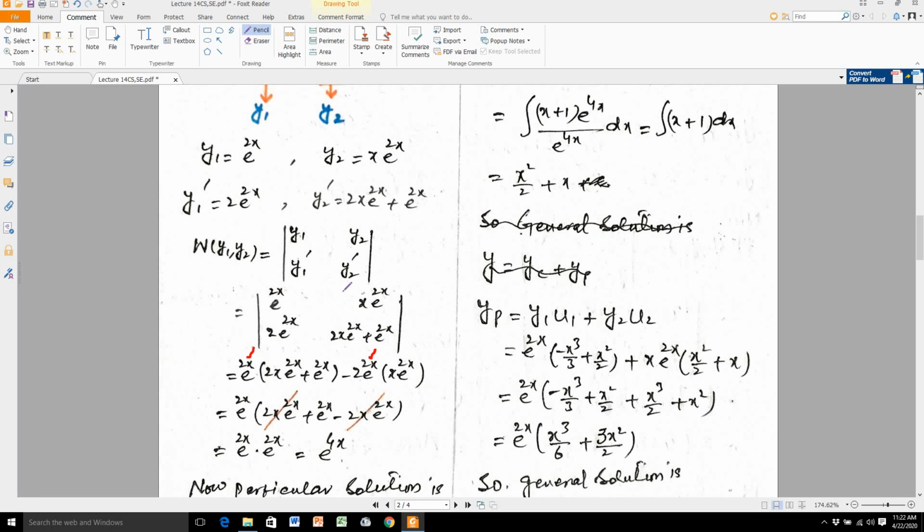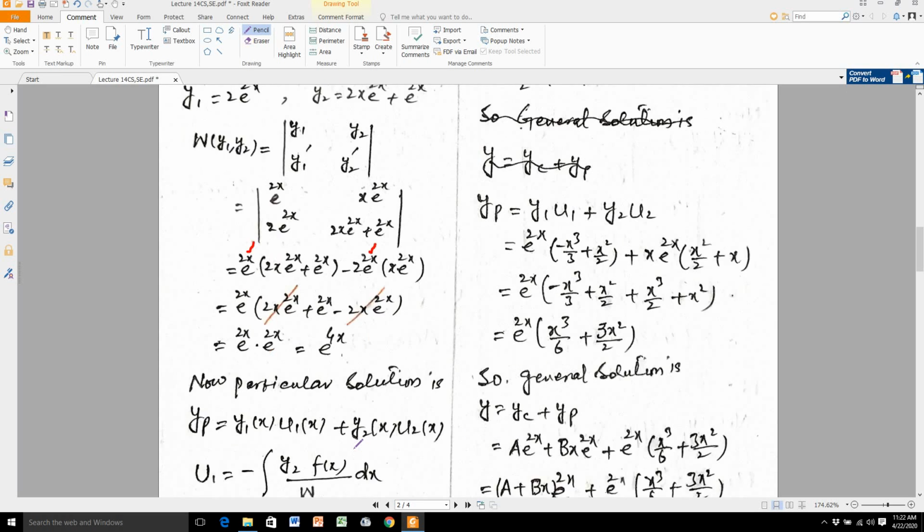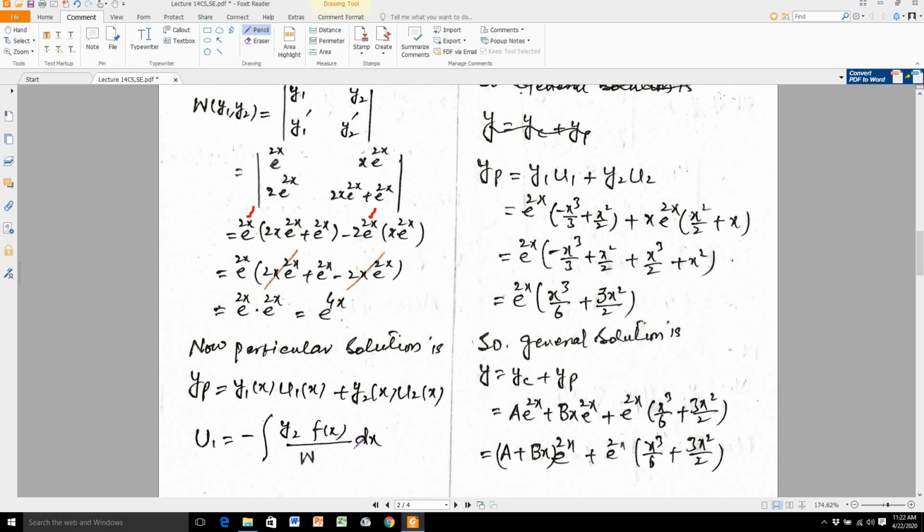Then we substitute their respective values and evaluate the determinant, and after simplification you get the answer, e raised to the power 2x times e raised to the power 2x. Here the bases are the same, you add their powers, using the properties of exponents.